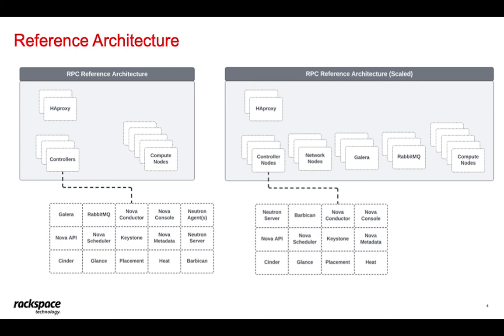This is a standard 3-node control plane running a host of services like Galera, RabbitMQ, all the Nova, Neutron, Glance, Keystone, all that, and then some number of compute nodes. We know from experience that architecture can easily scale to hundreds of nodes. When API services start to get heavily loaded, you can scale those out horizontally and break them out into their own nodes.